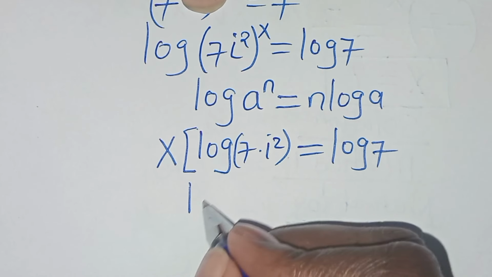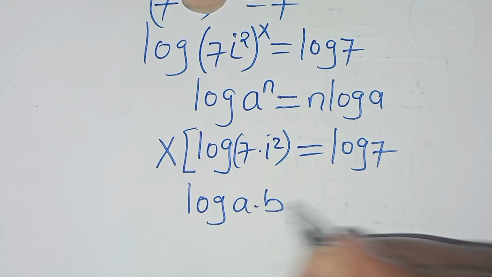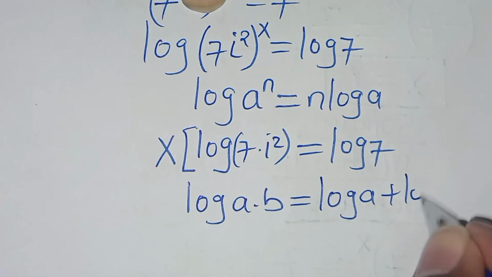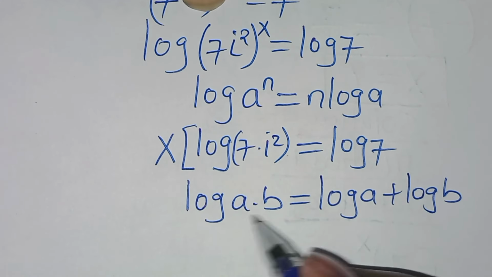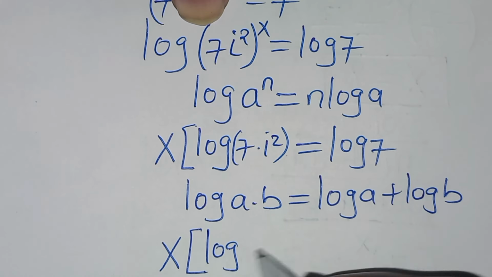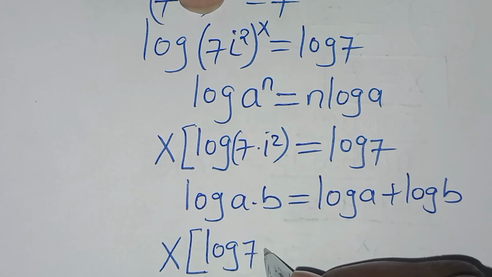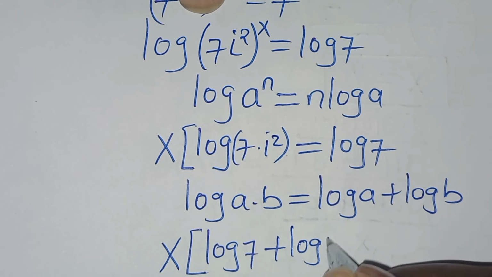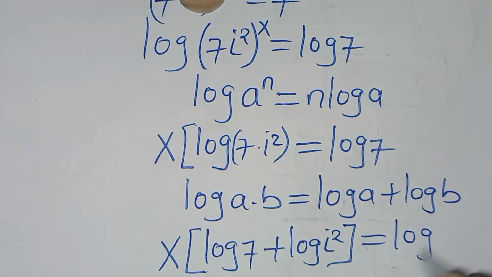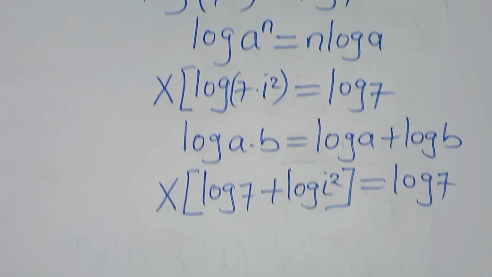This is in the form of log a times b, which we can express as log a plus log b. Applying this logarithm property, then here we have x into the parentheses. This is log 7 plus log i squared. This is equal to log 7.